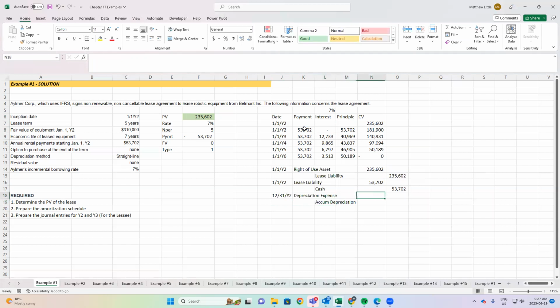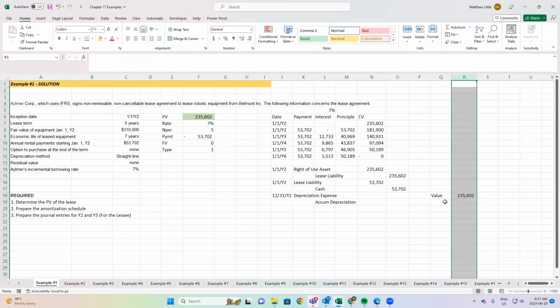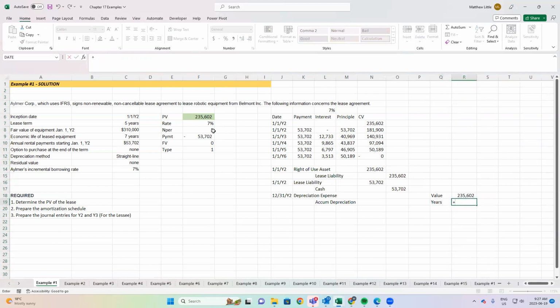Okay, and how we get that would be the value of the asset, 235. Let's use this one, doesn't really matter. We have the years, which we had 5. So annual amount would be 235 divided by 5 because it's straight line.